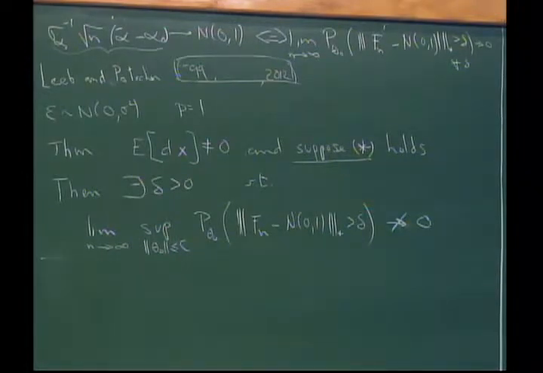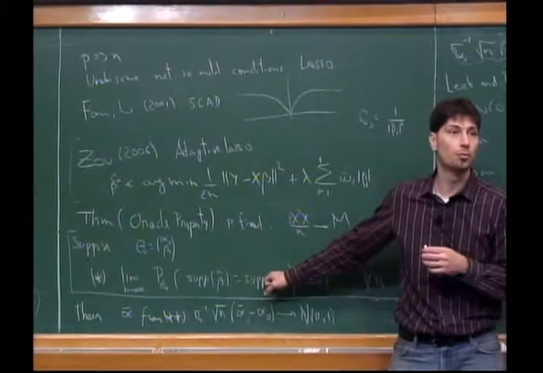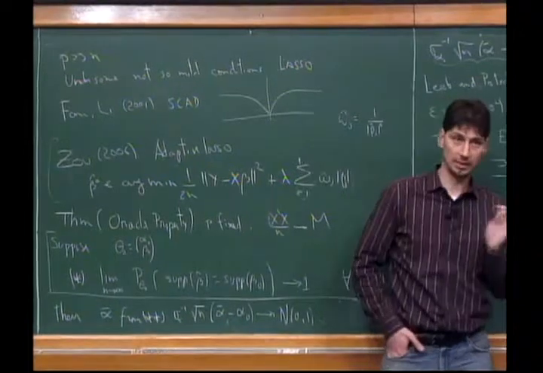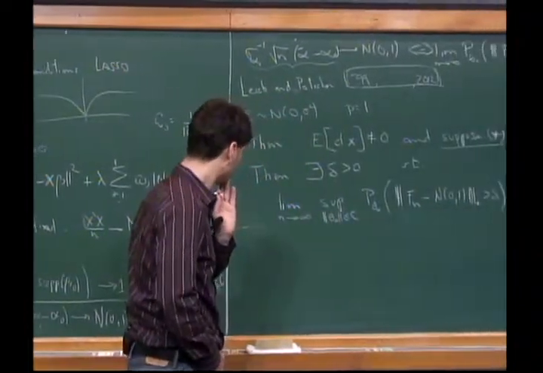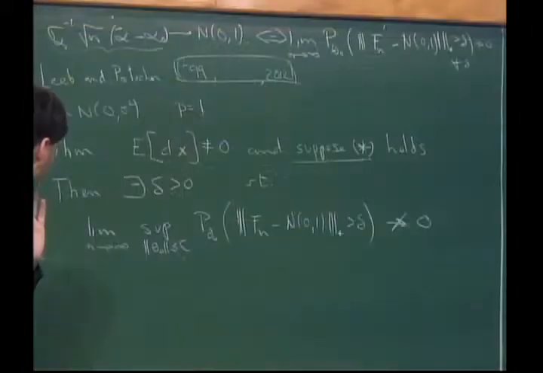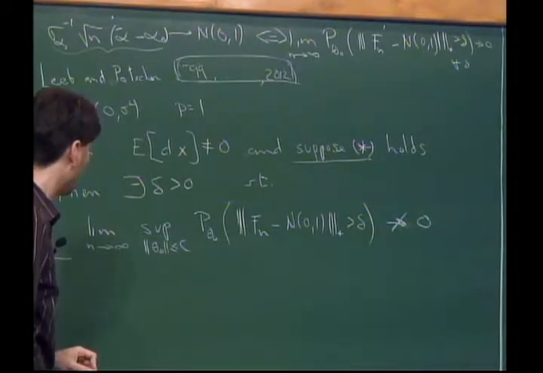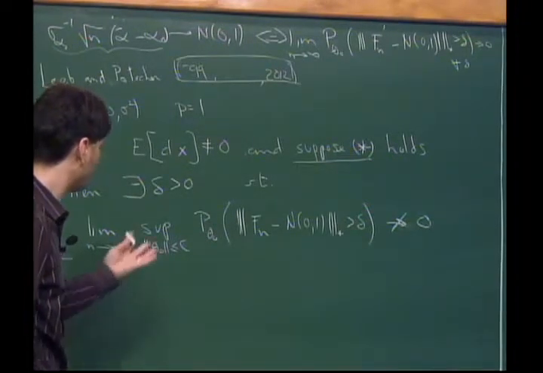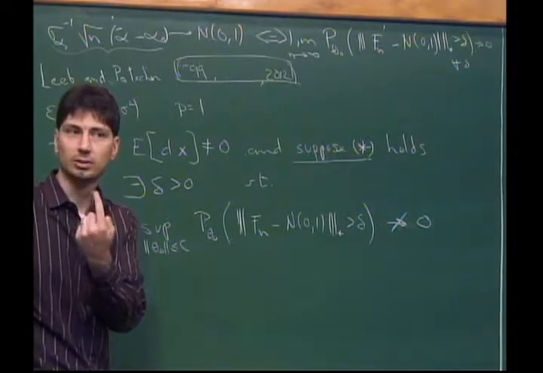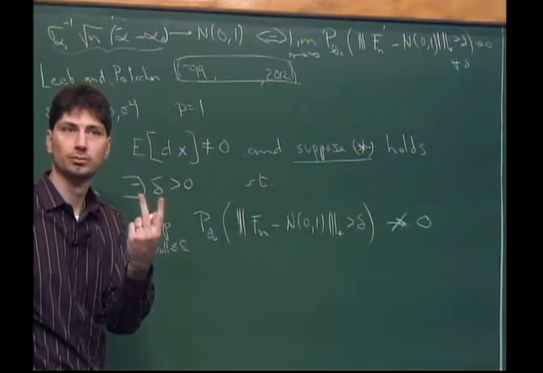I'm assuming I have this event, which is supposed to be a good thing. That's the contradiction of the result. And the proof is not particularly hard. So this is p equals 1. So I have two models only, right?